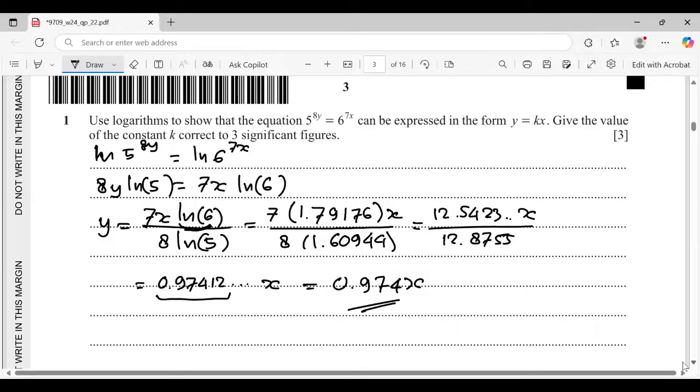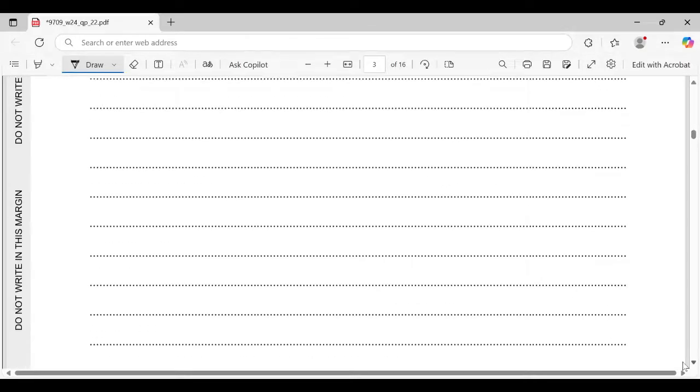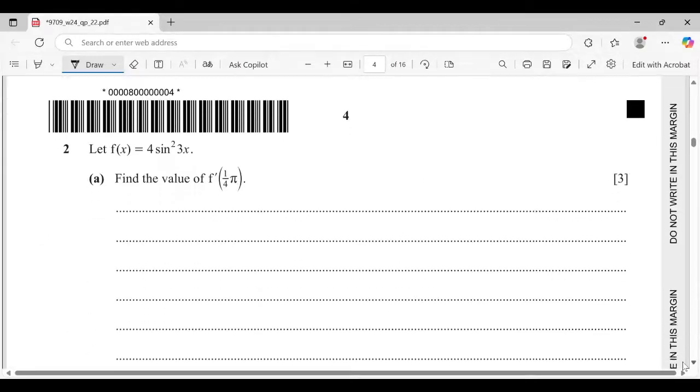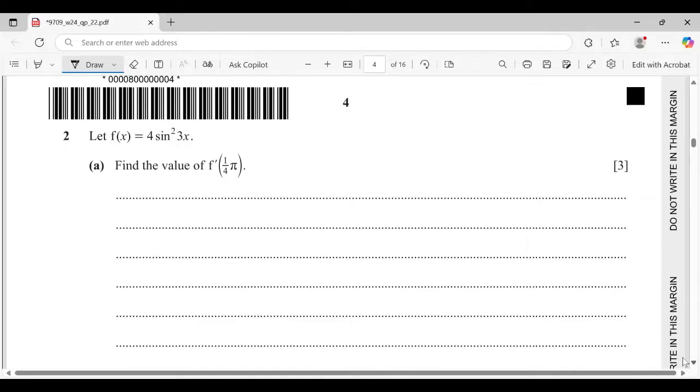Next question. Number 2. Let f(x) equal 4 sine squared 3x. Find the value of the derivative f'(x) at x equal 1/4 pi.